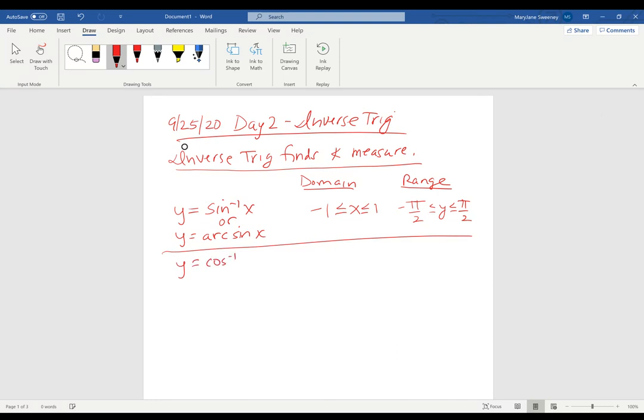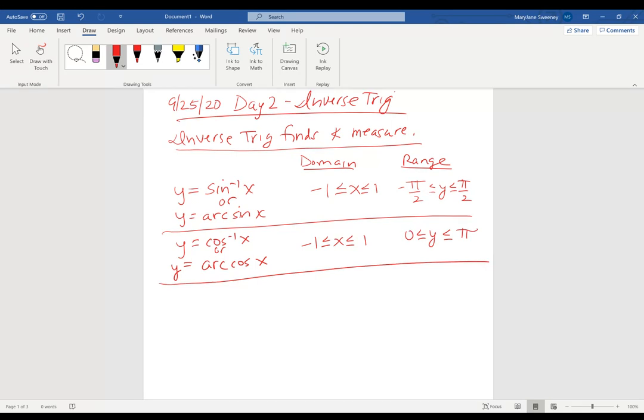For inverse cos, again, that's the same as arc cos of x, the domain is again going to be between negative 1 and 1. What's different here is the range will be between 0 and pi.